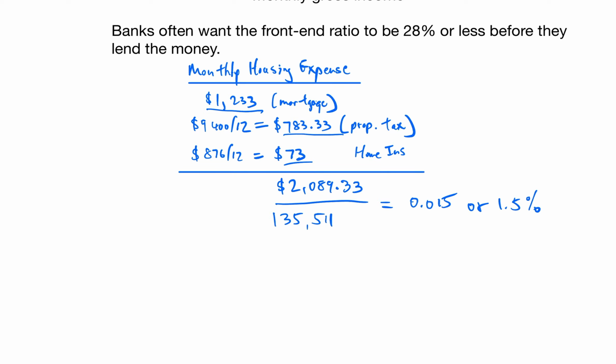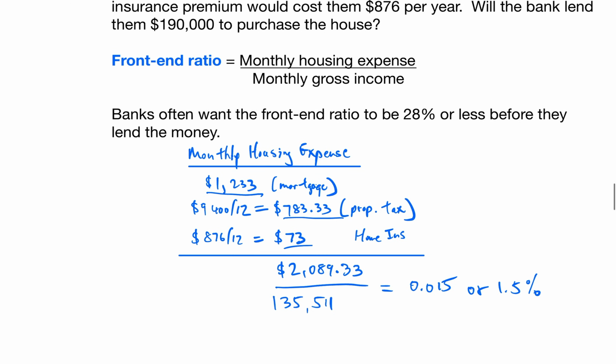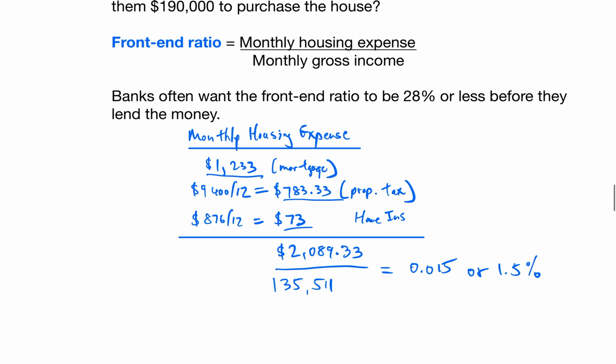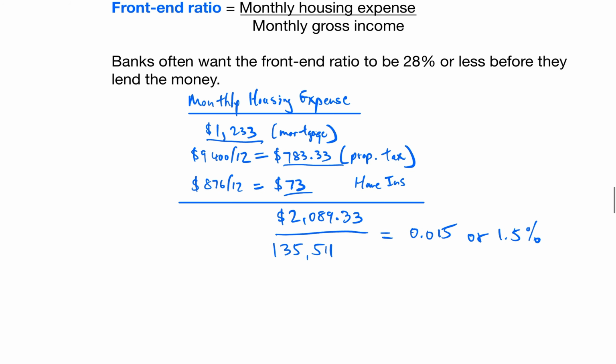Okay, now I did make a mistake here. If you recall the formula, it says monthly gross income, and I put in the annual gross income. Okay, so we're going to need to adjust that to a monthly gross income, not an annual.